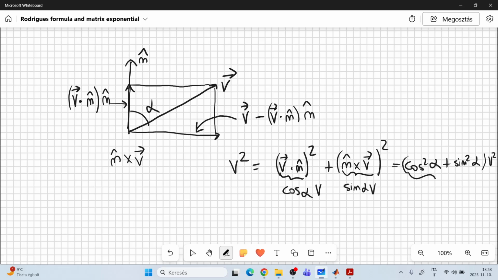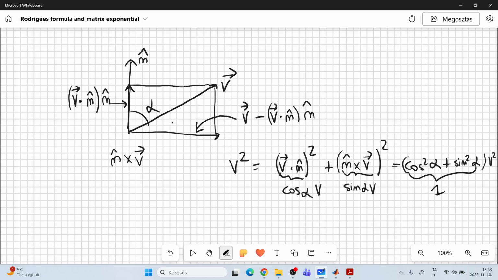So you can see that here you just get 1. So this formula is correct. You can see that in this formula we have n cross v. We are using n cross v here and v dot n or n dot v.